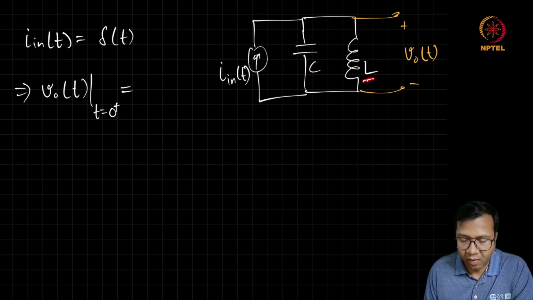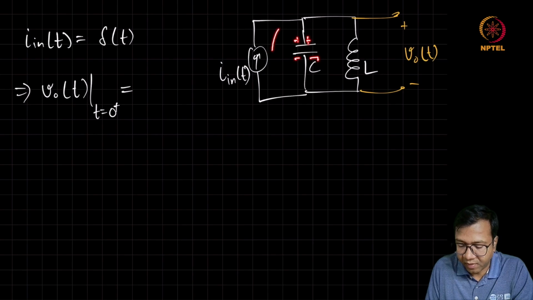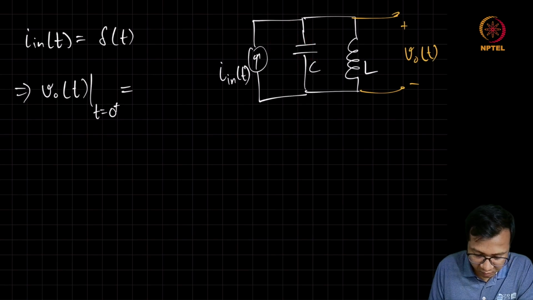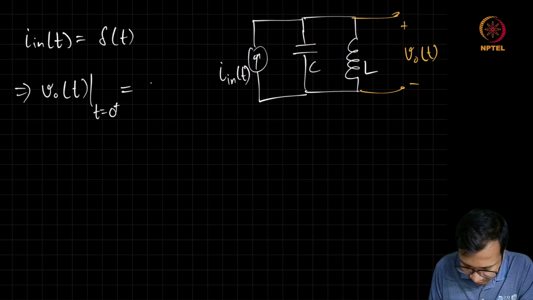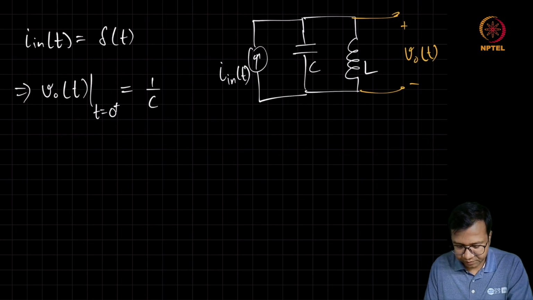This inductor will act like an open circuit. So the amount of charge fed by this current source is going to completely appear in this capacitor, and this capacitor voltage is going to be equal to 1 by C.